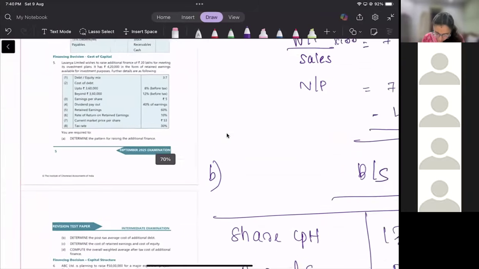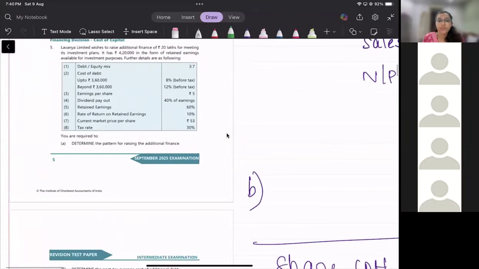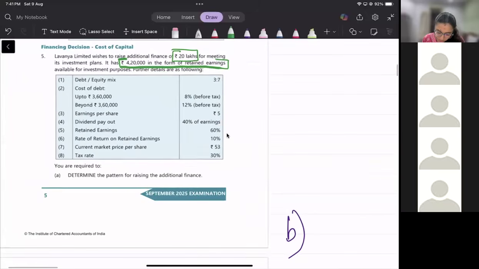Yes. So let's go to the next question. Cost of capital. Lavanya Limited wishes to raise additional finance of 20 lakh for meeting its investment plan. It has 4,20,000 in the form of retained earnings available for investment purposes. Further details are as follows.